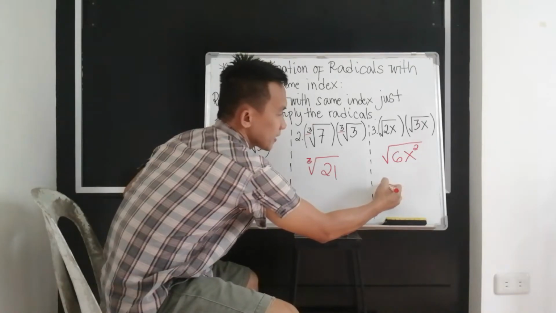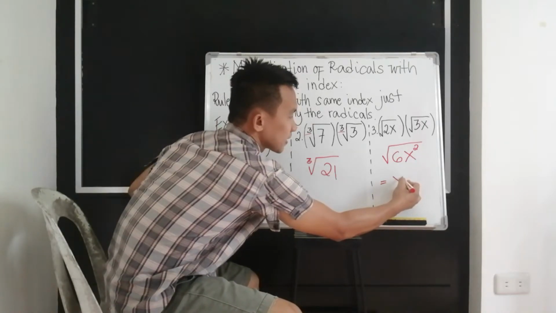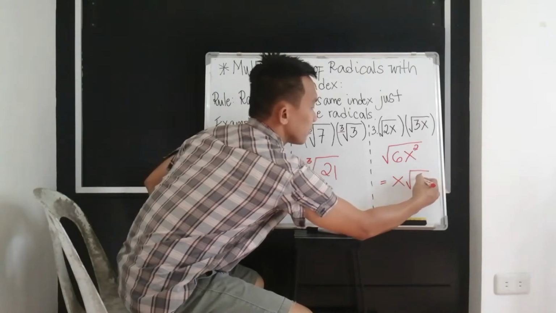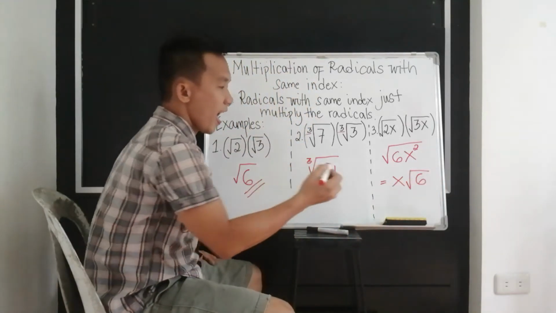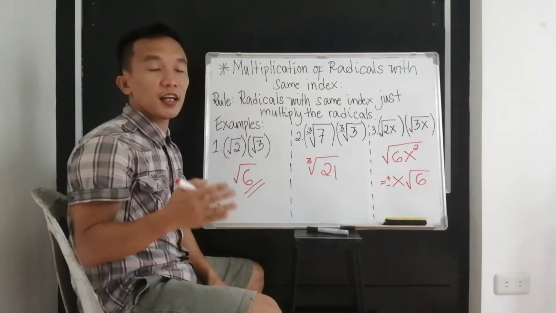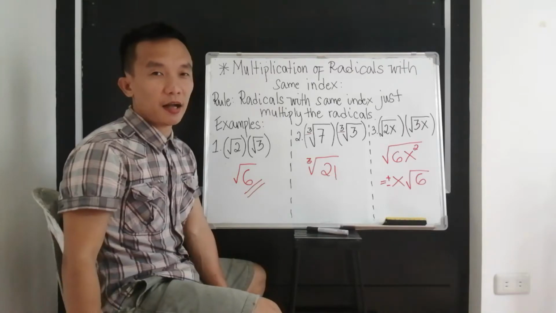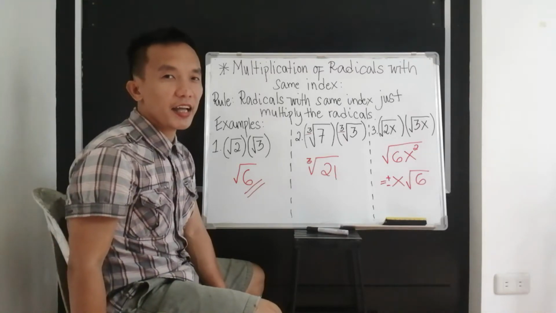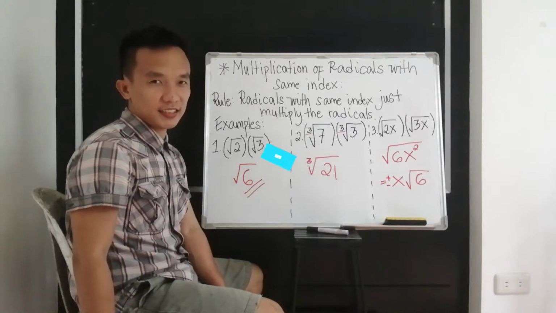So our answer is x times the square root of 6. And this will be a plus and minus. So our final answer is positive and negative x times the square root of 6.